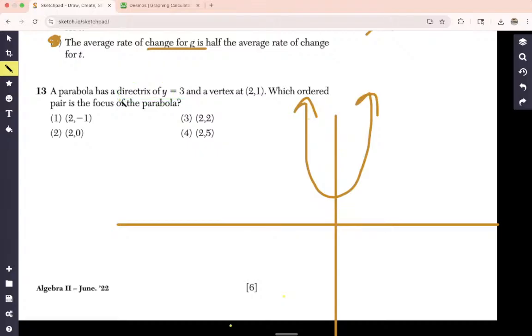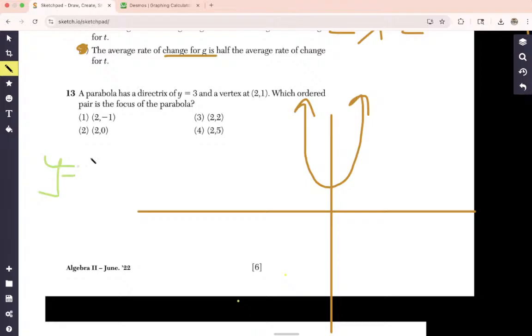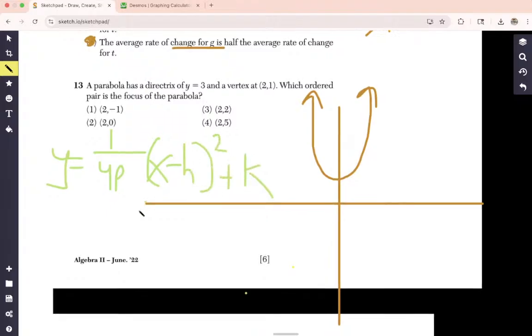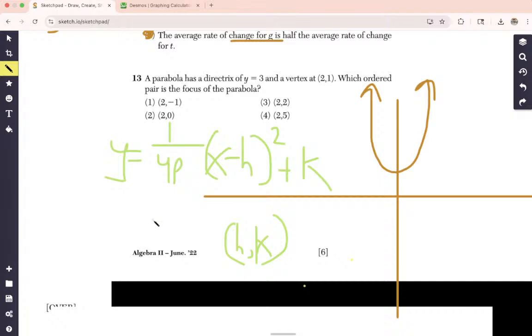Now a parabola has the formula y is equal to 1 over 4p times (x minus h) squared plus k, where (h, k) is the vertex of the parabola. And p is just the distance the vertex is from either the focus or the directrix.